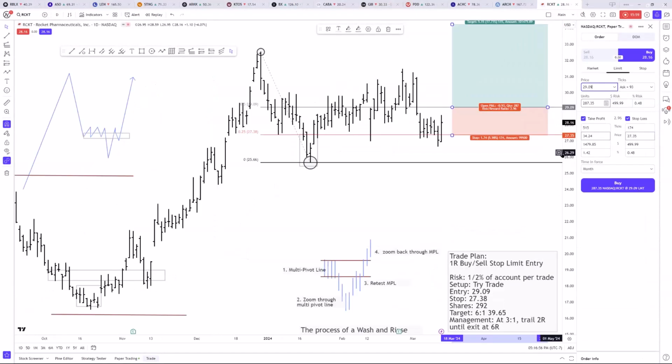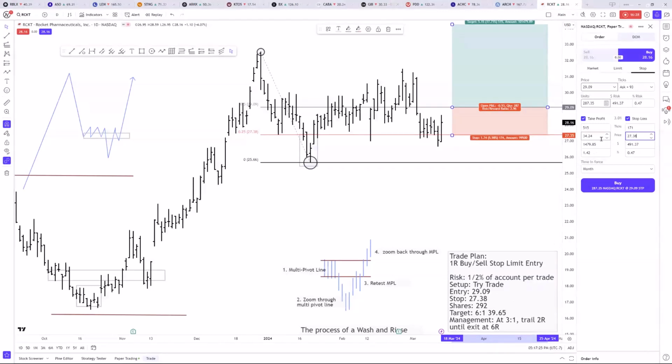So let's create a limit order or a stop. So we want a buy stop order at 2909. And we're going to put the stop for this trade at 2738. And we're going to have a 6-to-1 target of 39.65.